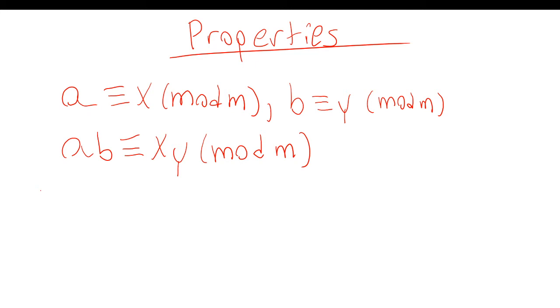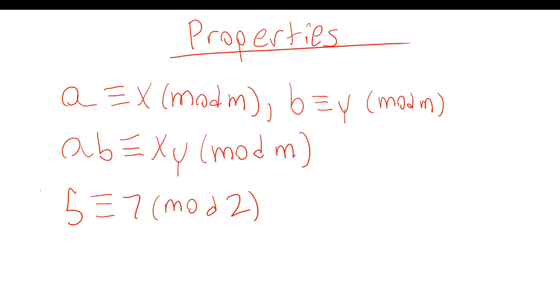Let's see an example. 5 is congruent to 7 in mod 2, because when I divide 5 by 2, I get a remainder of 1, and when I divide 7 by 2, I also get a remainder of 1.